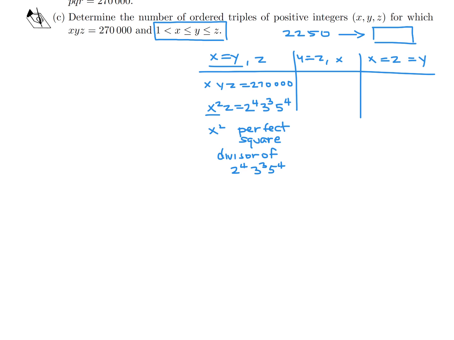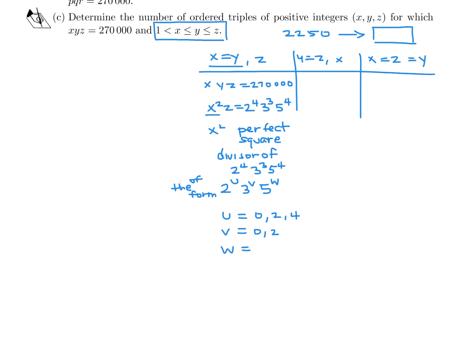Now, how it's a divisor, that we have to figure out. It's going to be of the form 2 to the power of u, 3 to the power of v, 5 to the power of w, but these have to be even numbers. That's the only way you can get a perfect square.